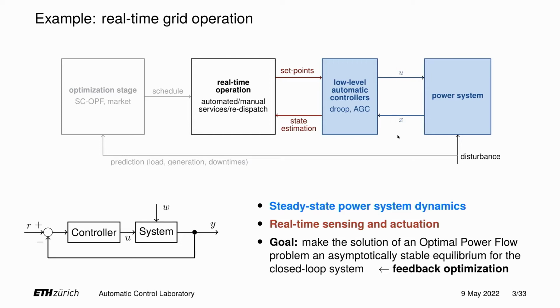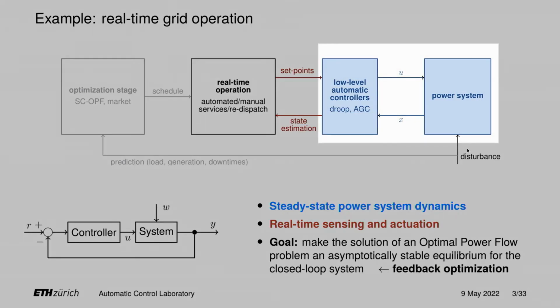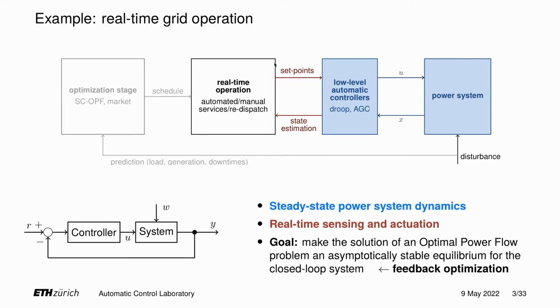What you have is a steady-state power system dynamics, so you have a plant, which is the part that you see here, which is at steady state. You get real-time set points and state estimation, and you need to design something, let's call it a controller or an optimizer, that drives the system to the desired steady state. Okay? And from now on, for the rest of today's slides, this is going to be called feedback optimization, right, in this context.